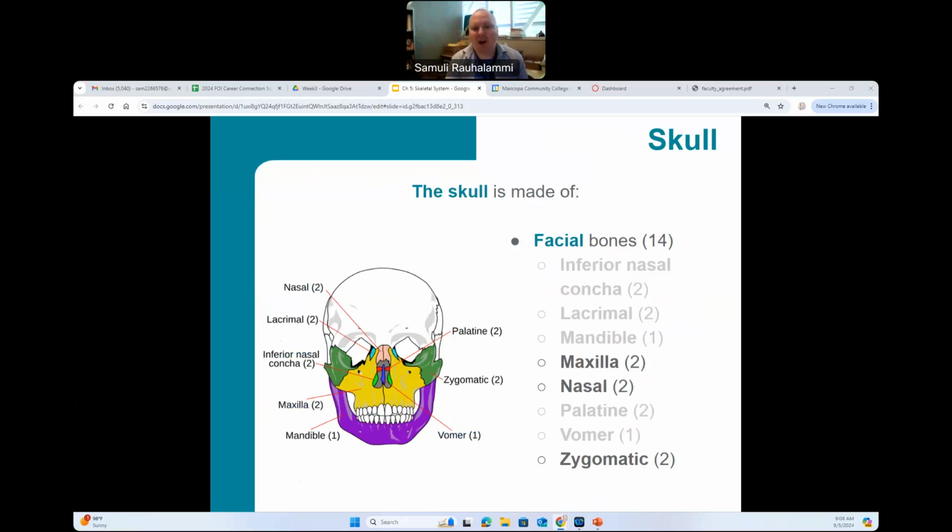Two other bones of the facial bones. Let's talk about maxilla. I do have an example here. It's the portion right above the jaw, forming the majority of the facial skeleton.